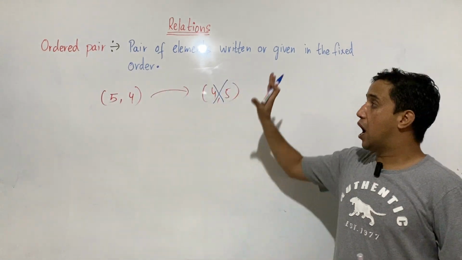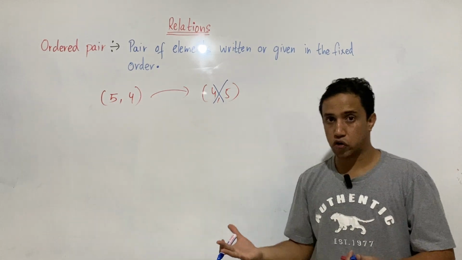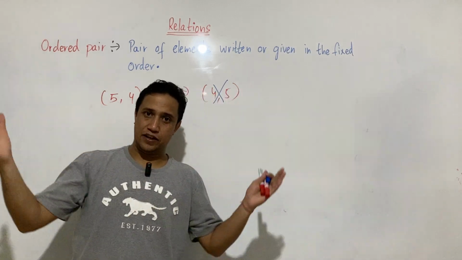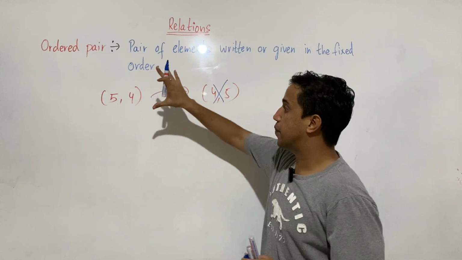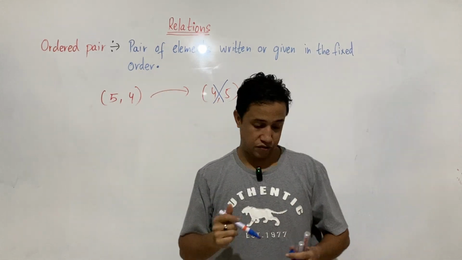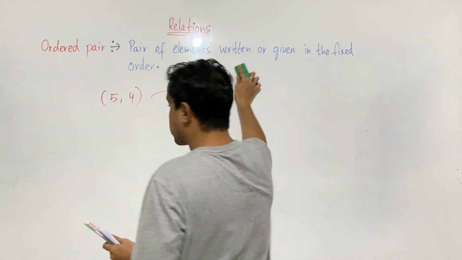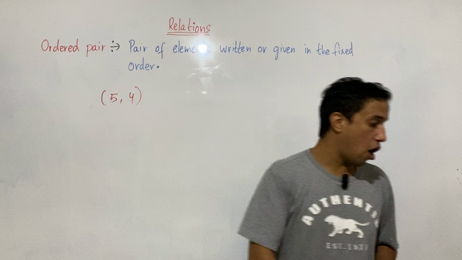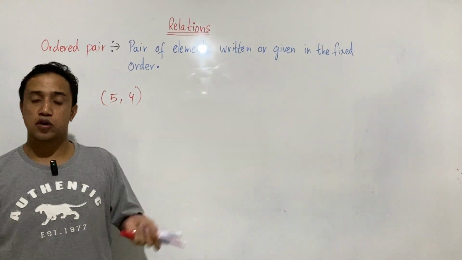So a pair of elements written in the given fixed order is an ordered pair, and the elements are enclosed within brackets. I'm sure you know this about the ordered pair, because we use it in lots of places.